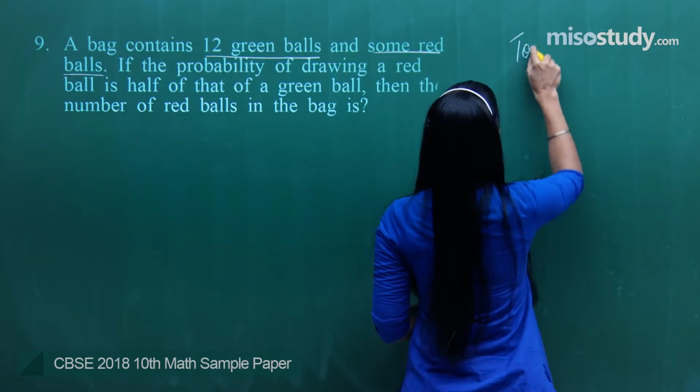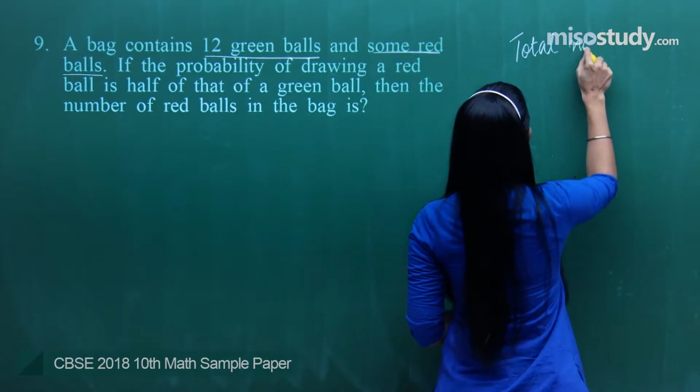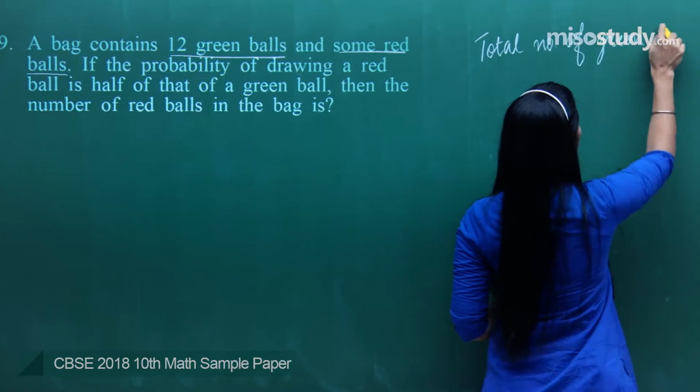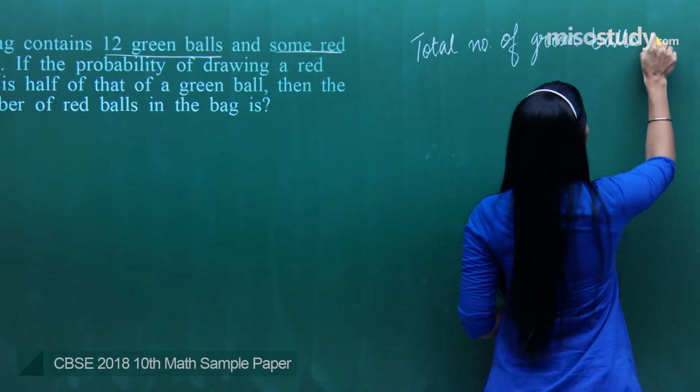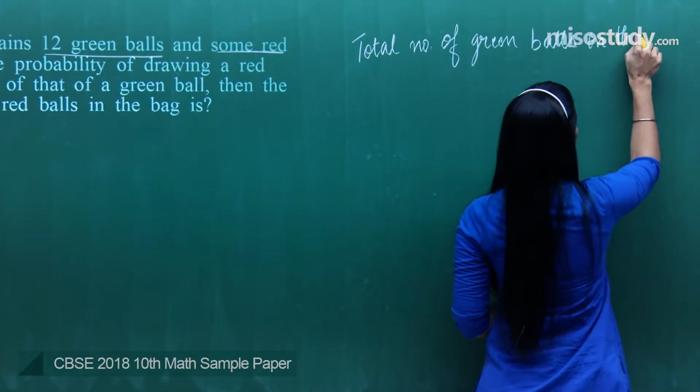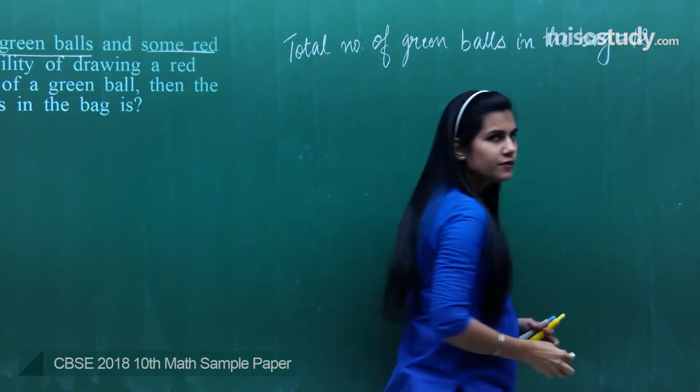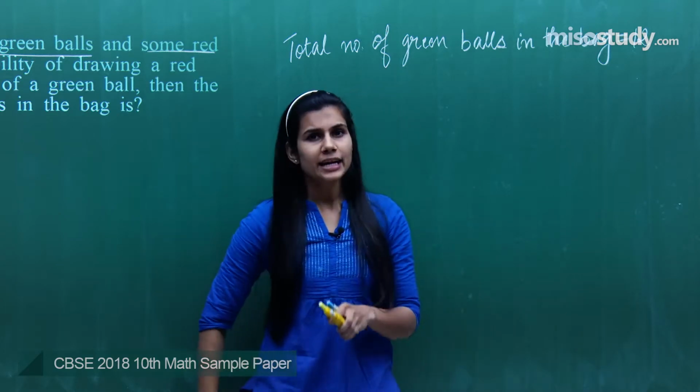So, total number of green balls in the bag is 12, and also there are some red balls in the bag.